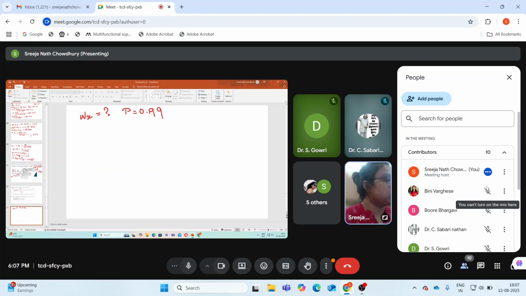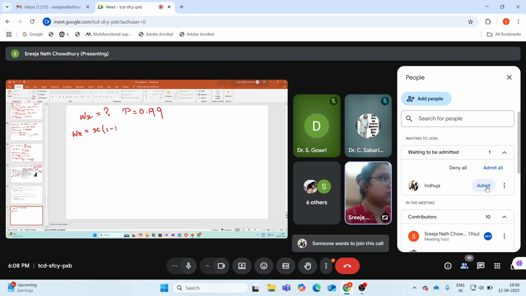So let's write the formula: Wx is equal to x into (1 minus p) whole square into p to the power x minus 1. Now we have to understand what the degree of polymerization x is. We have to find the value of x because we know the value of p. If we can find x, we can easily calculate our Wx.